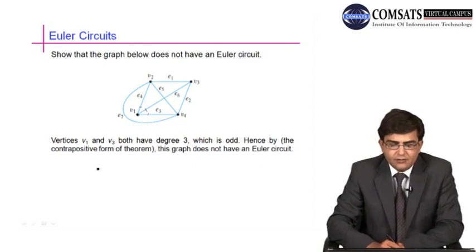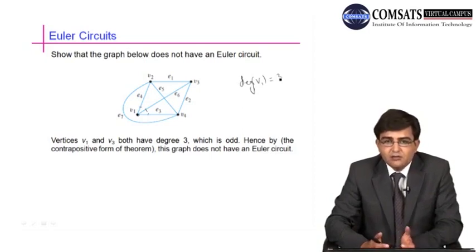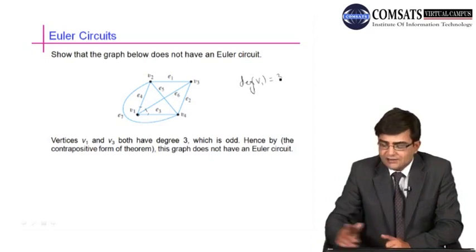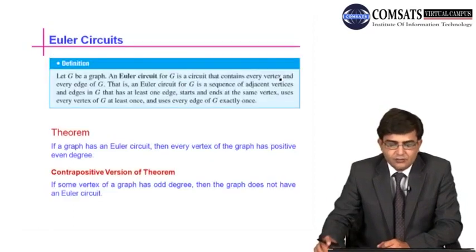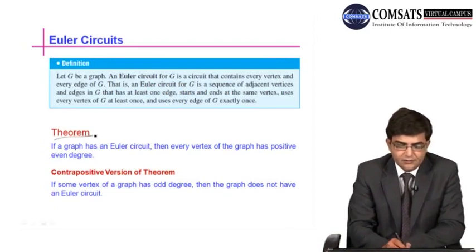Therefore we can say that the degree of v1 is 3. So this is sufficient to say that if at least one vertex has odd degree, then this graph doesn't have an Euler circuit, using the theorem which we have discussed here.